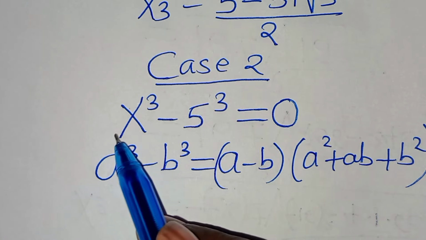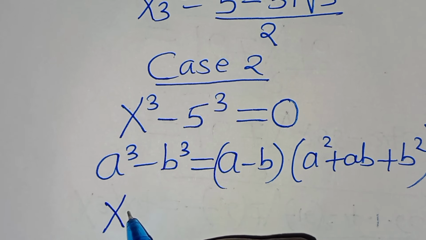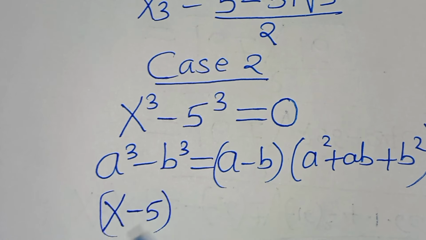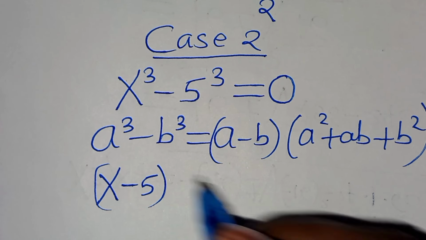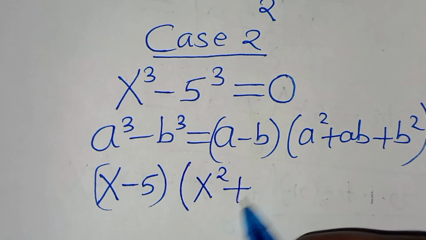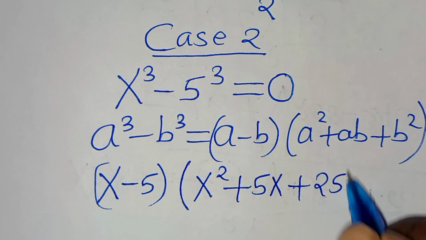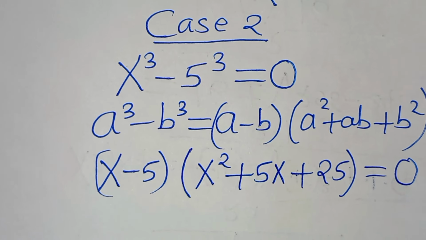So this implies we have x minus 5 into the parentheses, x squared plus 5x, then plus 5 squared, which is 25. This is equal to 0.